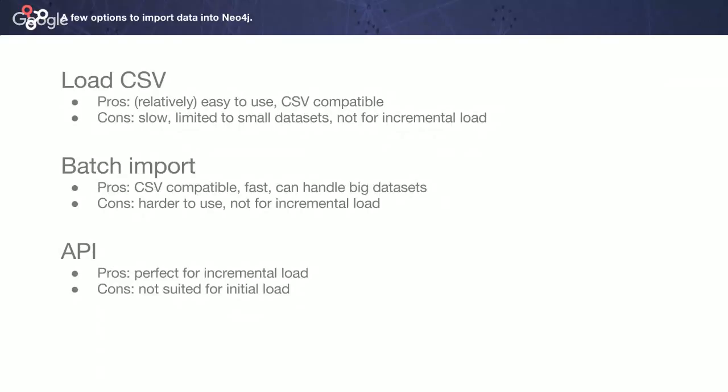And just like the load CSV option, it's best suited for an initial load versus an incremental load. So finally, there's the API of Neo4j, which is great when you want to make updates really to an existing data set in production.